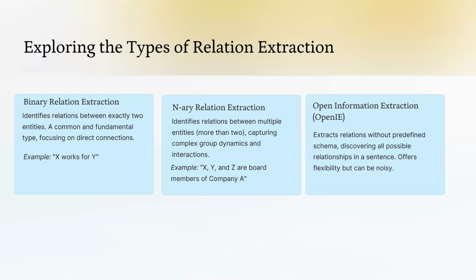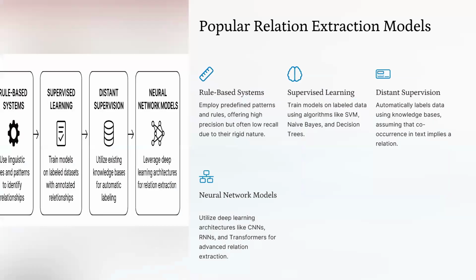This method is very flexible when compared to others and can reveal novel relationships, but it also has its limitations as it produces more noise because it doesn't follow a structured schema.